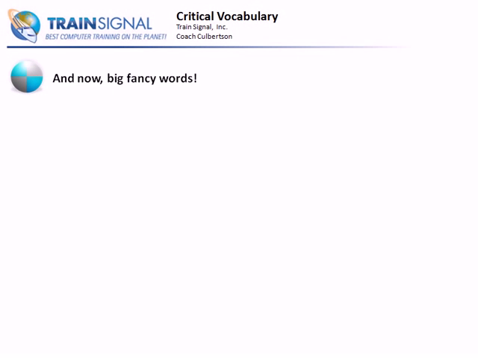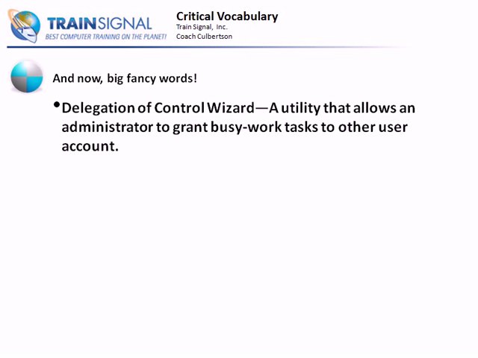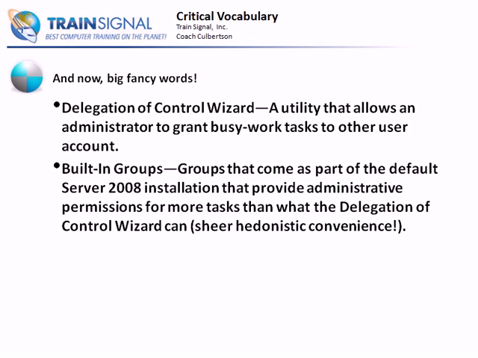All right, it is now time for some big fancy words, and so we'll start off with the Delegation of Control Wizard. Remember, that's a utility that allows an administrator to grant busy work tasks to other user accounts. Built-in groups. We learned of that. These built-in groups are groups that come as part of the default Server 2008 installation. You don't have to do anything to create them, just install Server 2008.